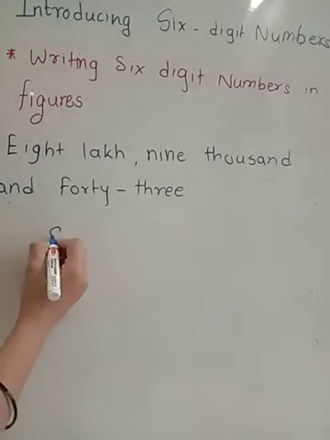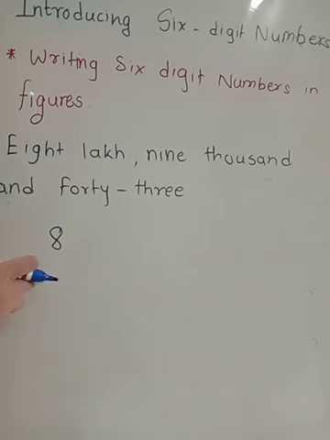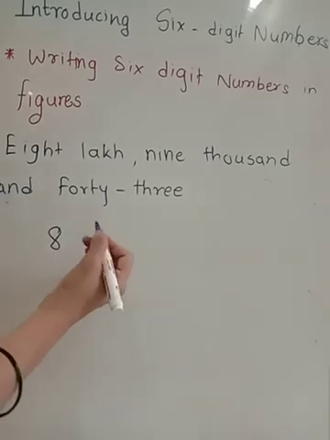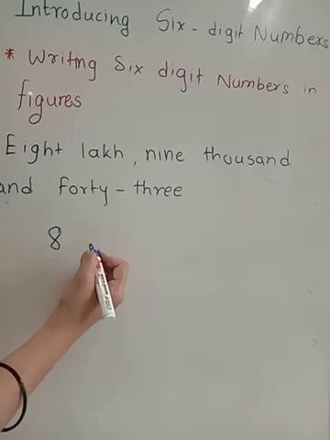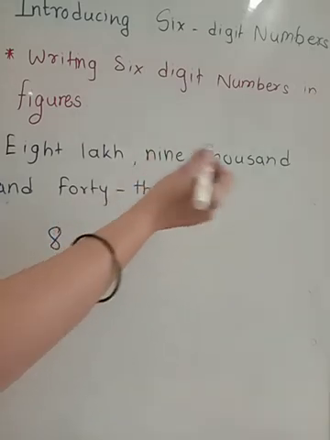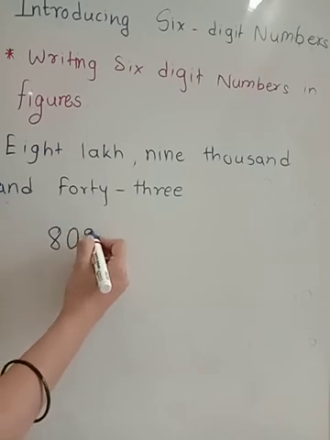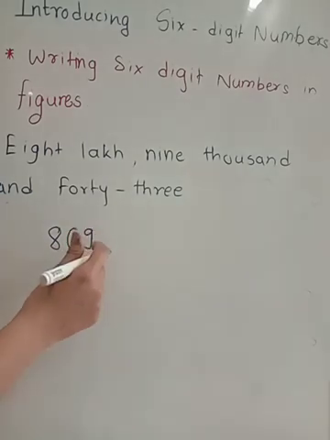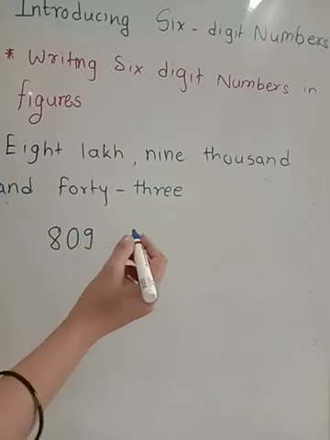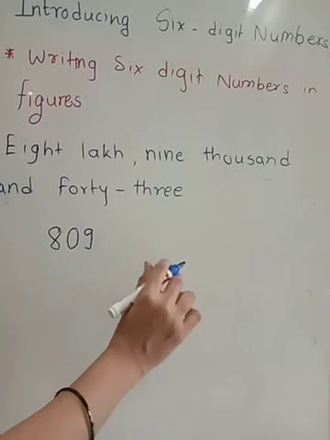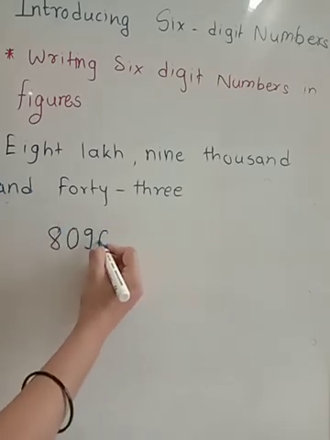We write first 8 in the lakhs place, and we write 0 in the 10,000 place. Then 9,000, we write 9 in the 1,000 place, and we write 0 in the 100 place, as there are no hundreds. So we write 0 here.